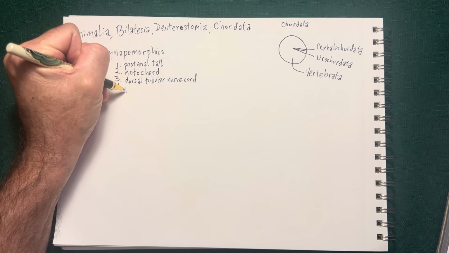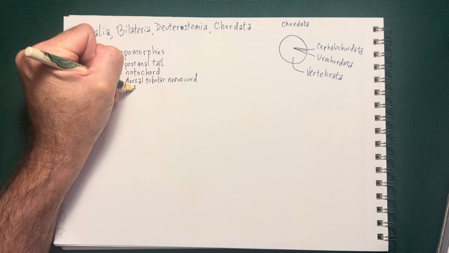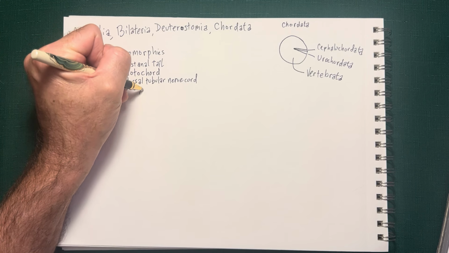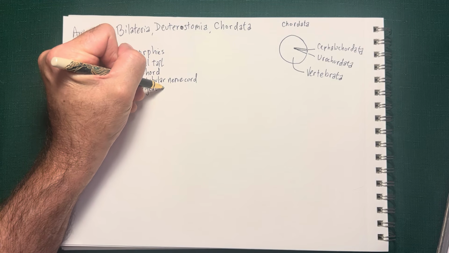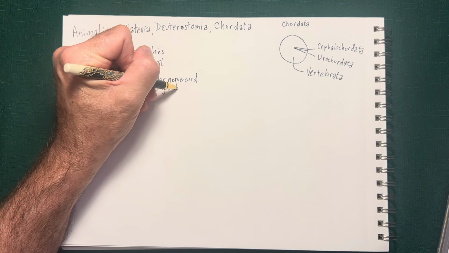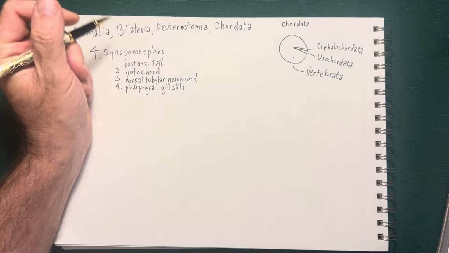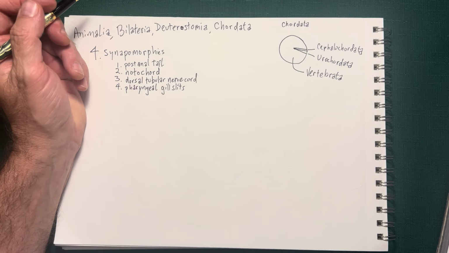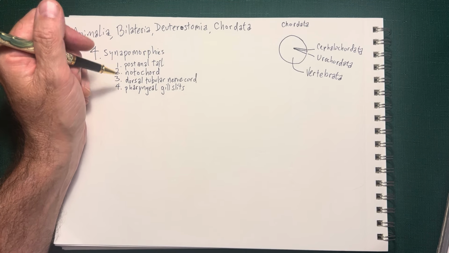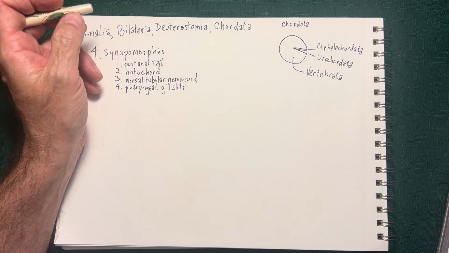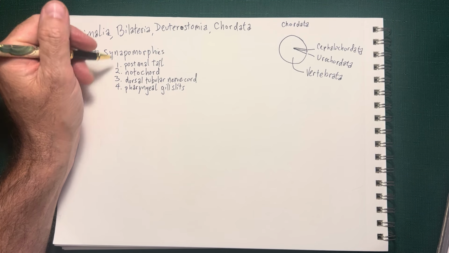And then the last one is some type of pharyngeal gill slits. The pharyngeal means related to the pharynx, that's the throat. And you might look at these things and be like, I do not know.